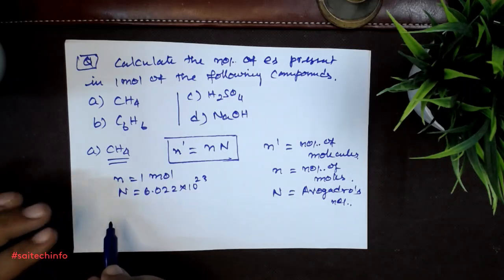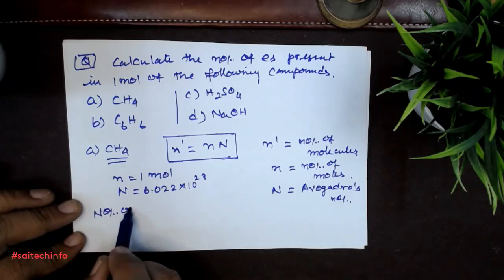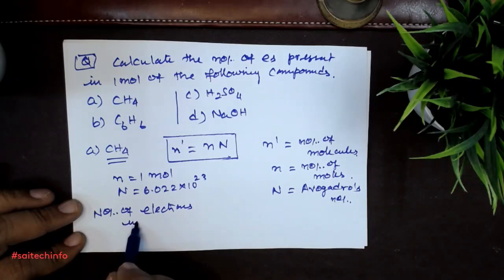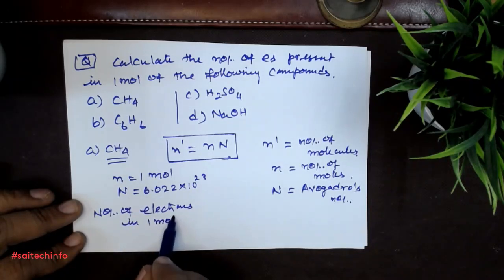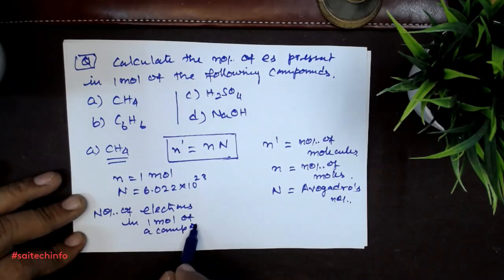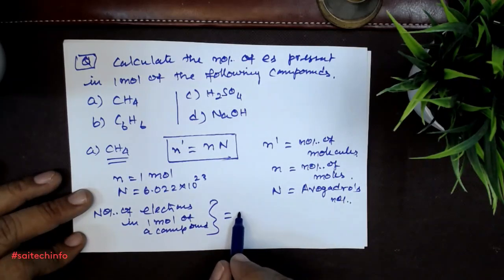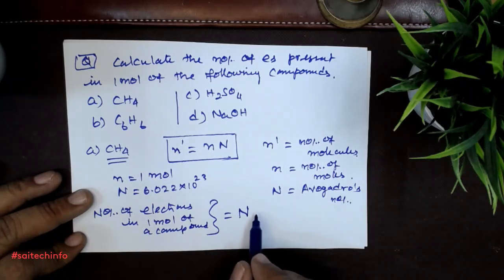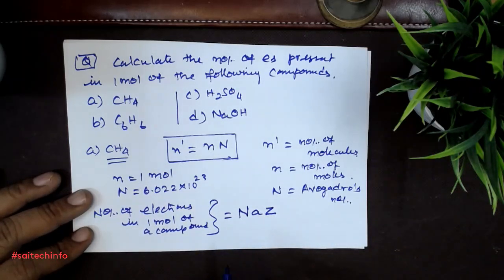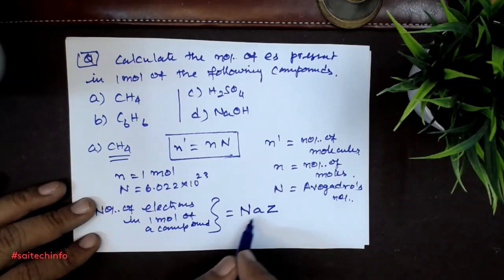Now, we are interested to calculate the number of electrons. So the number of electrons present in 1 mole of a compound is given by N, A, Z. Okay, simply call it N A Z. It's not sodium.